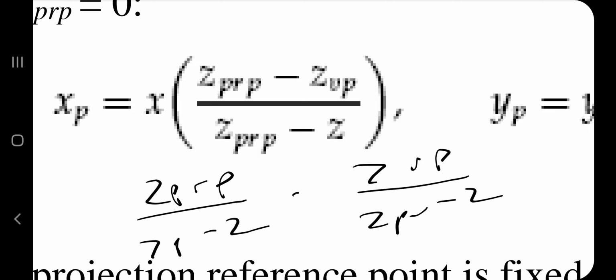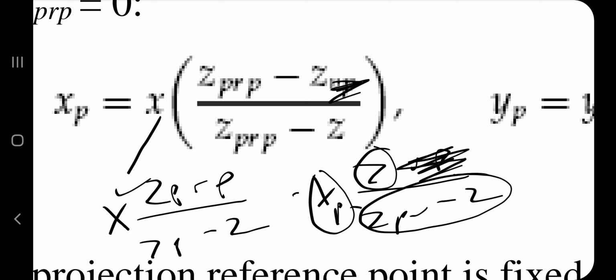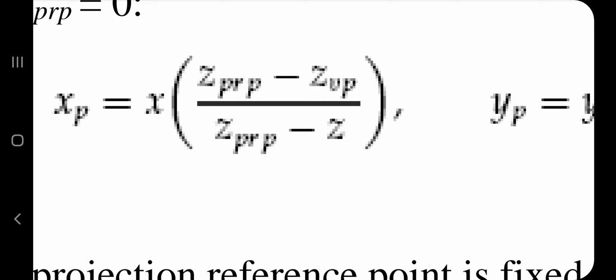Like this you will have. All you have to do is put x here, the same thing, and put x here also, just write prp and cut vp here. Okay, vp you have to cut here, that's all. X prp will be here, z by zprp minus z, here also zprp minus z, zprp and x. Same thing goes for y as well.